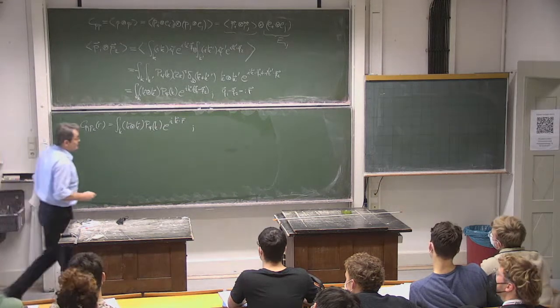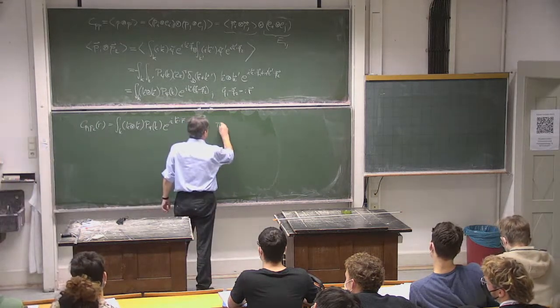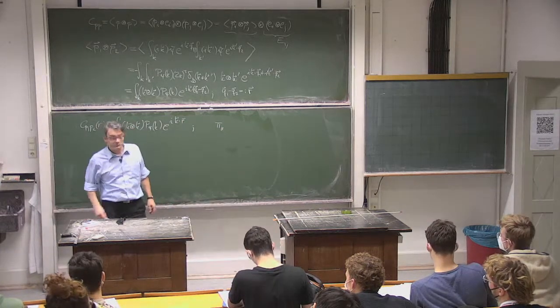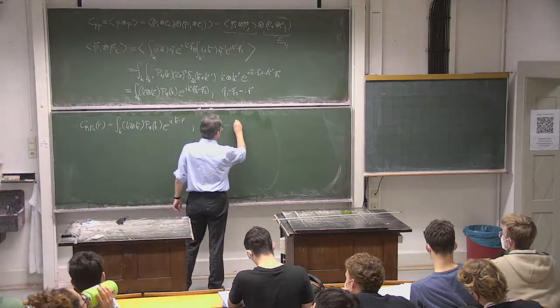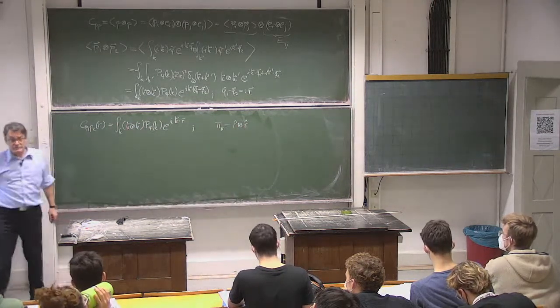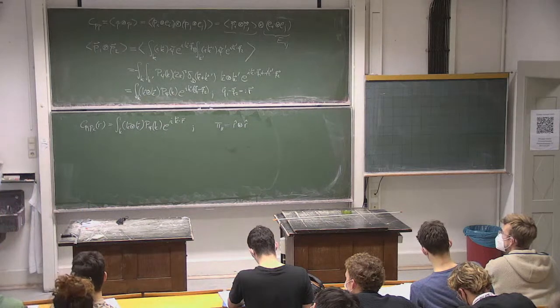So I'm going to introduce a parallel projector defined by r hat tensor r hat. And r hat is the unit vector in the direction of r.